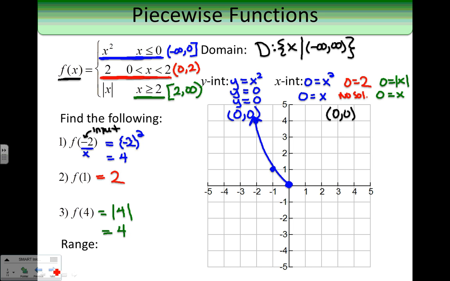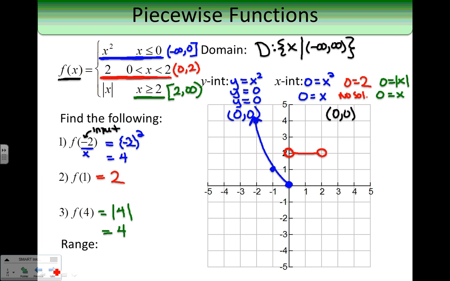So I'm still going to start at 0, but I'm going to do an open circle because it can't be equal to 0, only greater than 0. Then it's going to be equal to 2 all the way up until 2 here, but I'm going to draw an open circle because my x value can't actually be equal to 2.